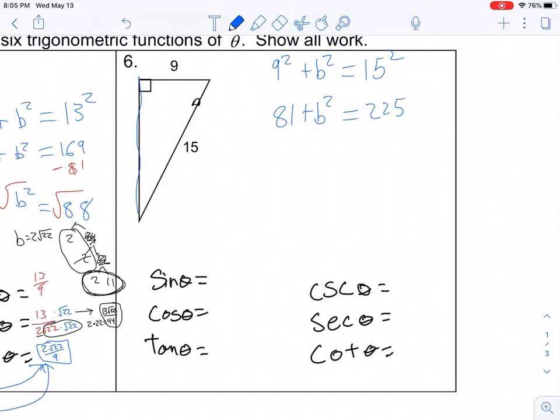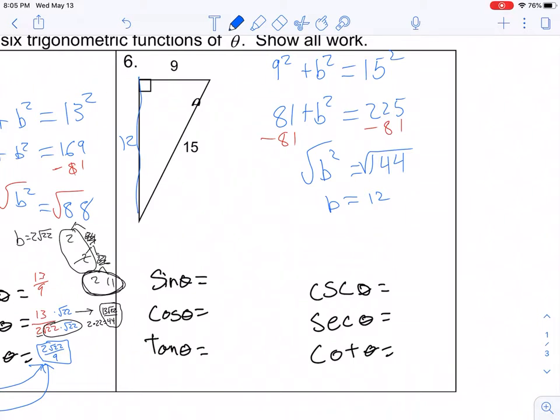Yeah. And then I'm subtracting 81 from both sides. And that means b squared equals 144, which is pretty nice. We have a Pythagorean triple here. B equals 12. The square root of 144 is 12. So there's my missing length.